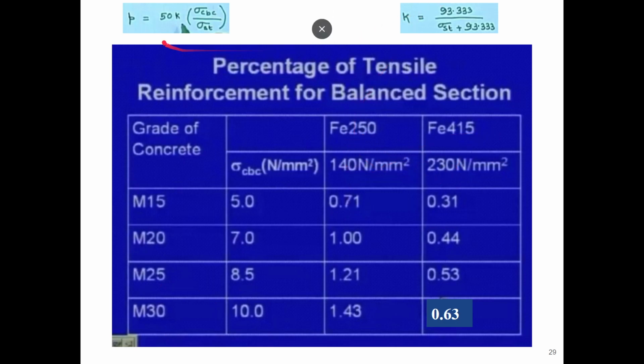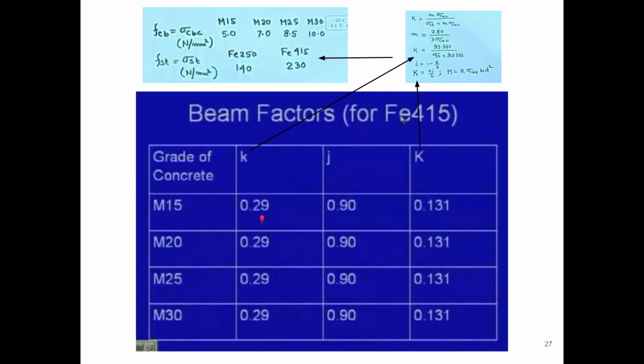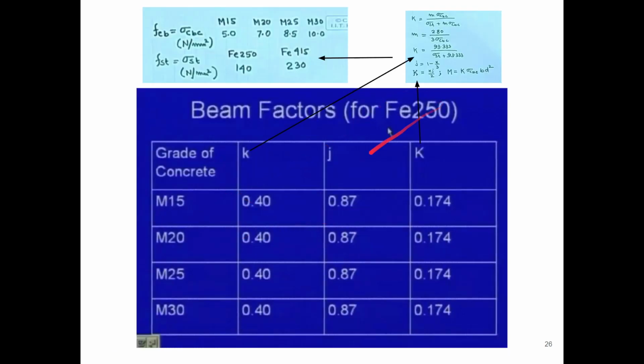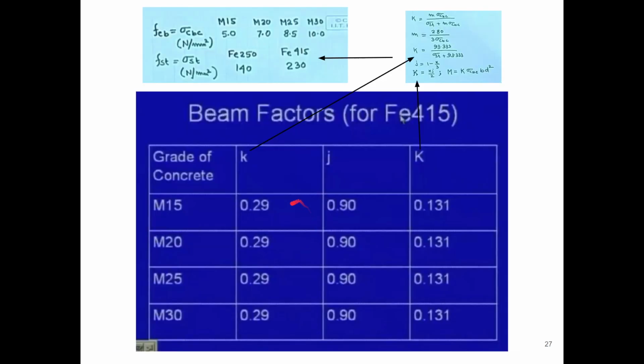What is remaining is K. K is dependent on sigma ST, so for each it will be constant. For Fe250 it is 0.4, for Fe415 it is 0.29.